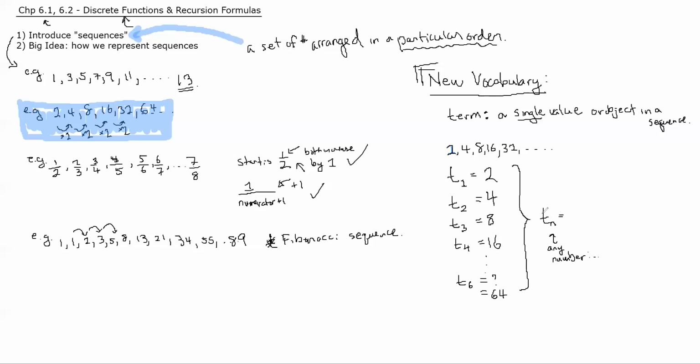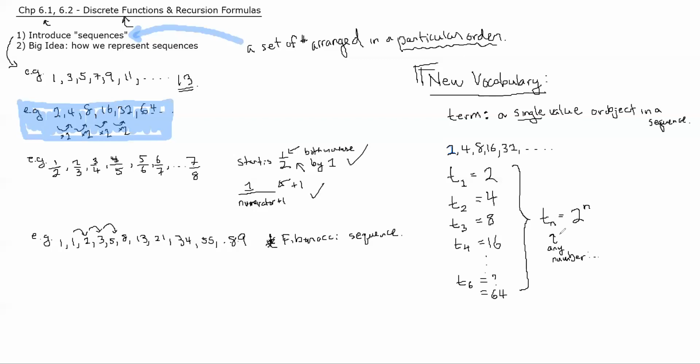Tn is a way to calculate any of these terms in the sequence if I know which term number it is. Can you guess what that formula might be? Well, take a look at the left. Every single time, we're starting with a 2, and every single time we are multiplying by 2. The formula for this sequence would be 2 to the power of n.